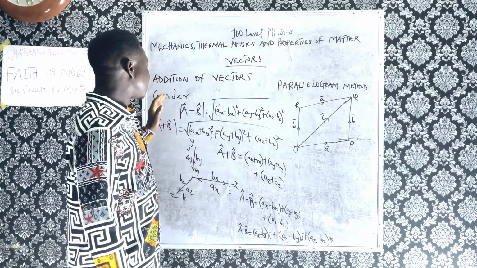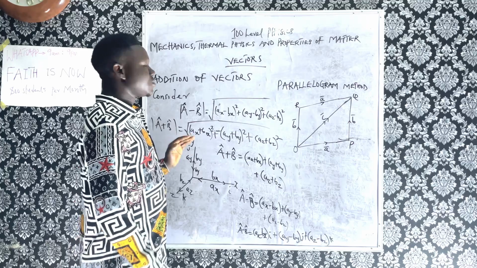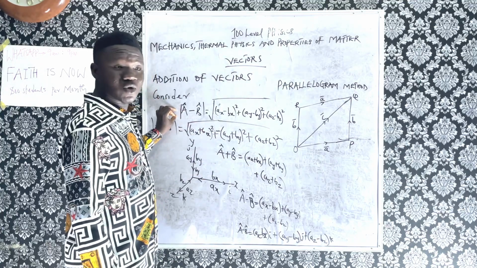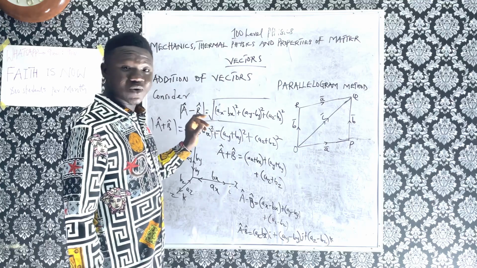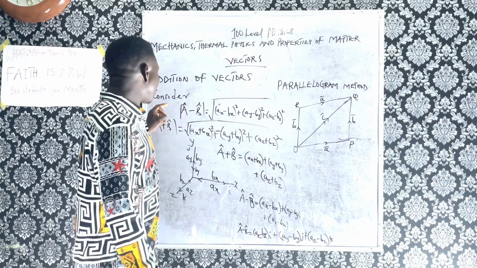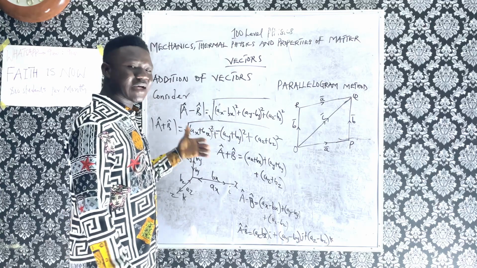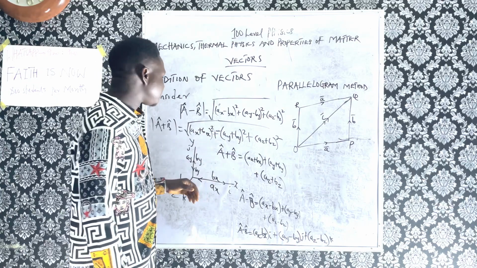If it was three vectors, this is how you go about it. First of all, add up two of the vectors, then when you get your final answer, you then add up the third vector to that new vector that is formed. So that's how you add up vectorially.